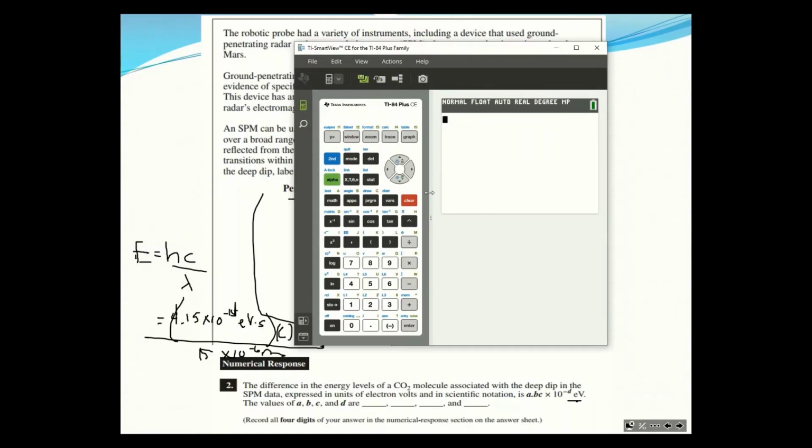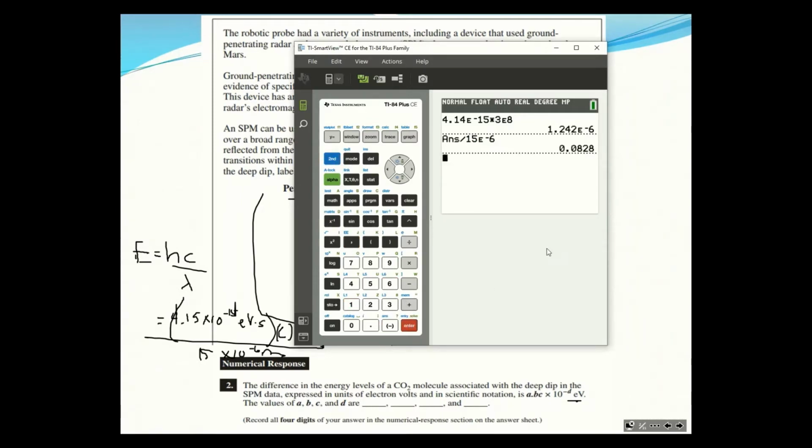If I calculate that energy, I go 4.15 times 10 to the negative 15. Sorry, I did 4.15. It's 4.14, not 4.15. Times our speed of light, 3 times 10 to the 8. And then I divide it by 15 times 10 to the negative 6 meters for our CO2 dip.